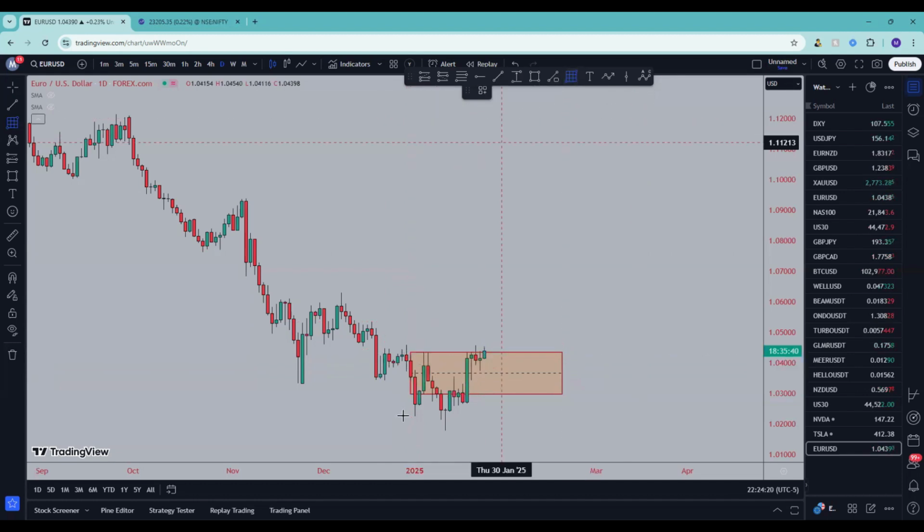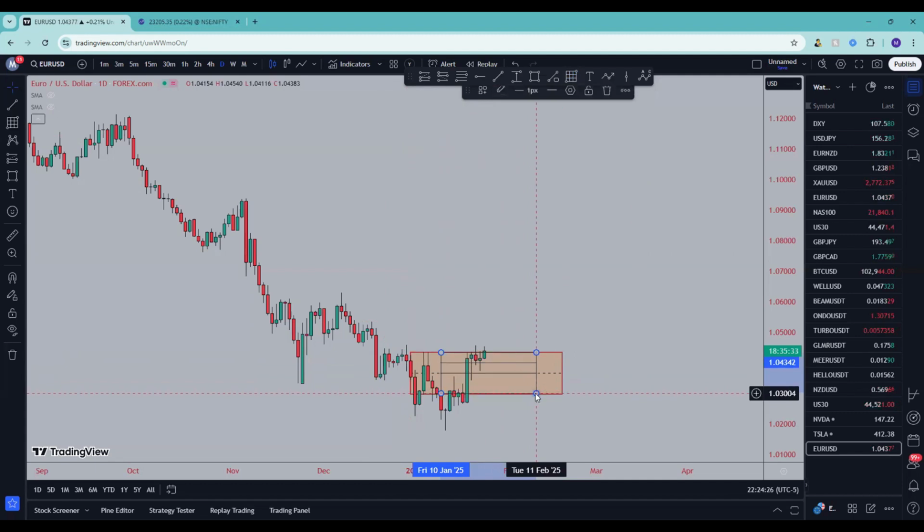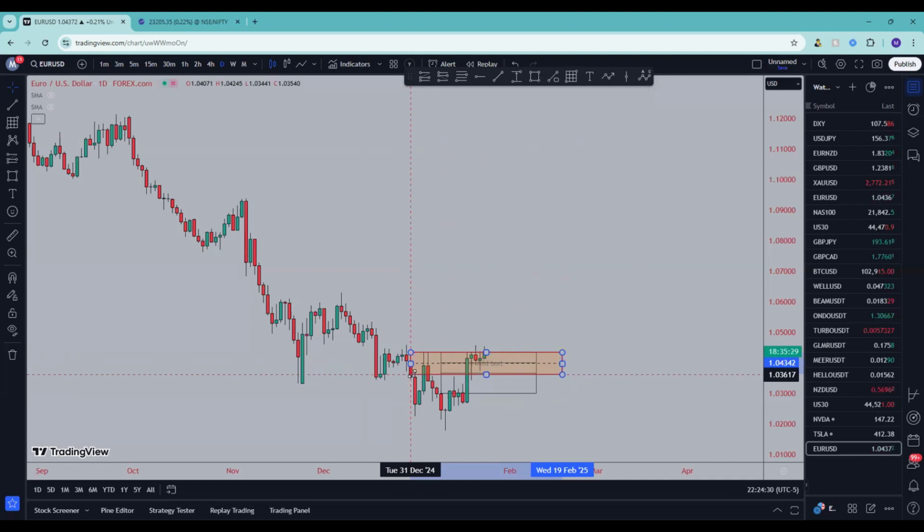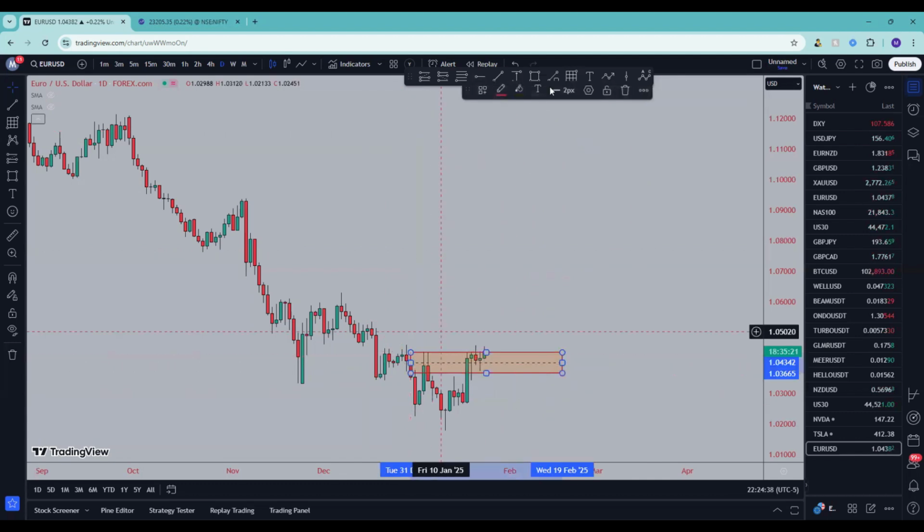So let me use half of it. Now we have half of it, so I'll remove the middle line so that I'll be aware that I'm using half part of an order block.